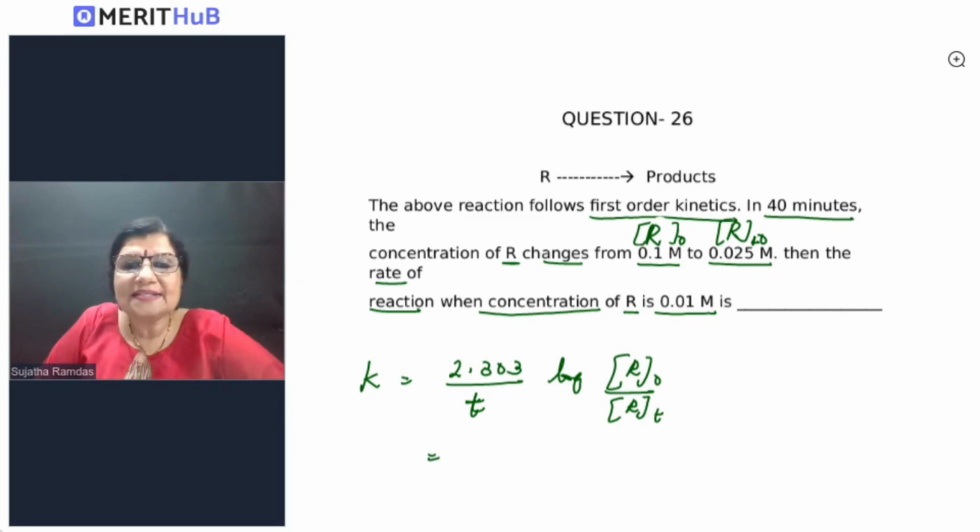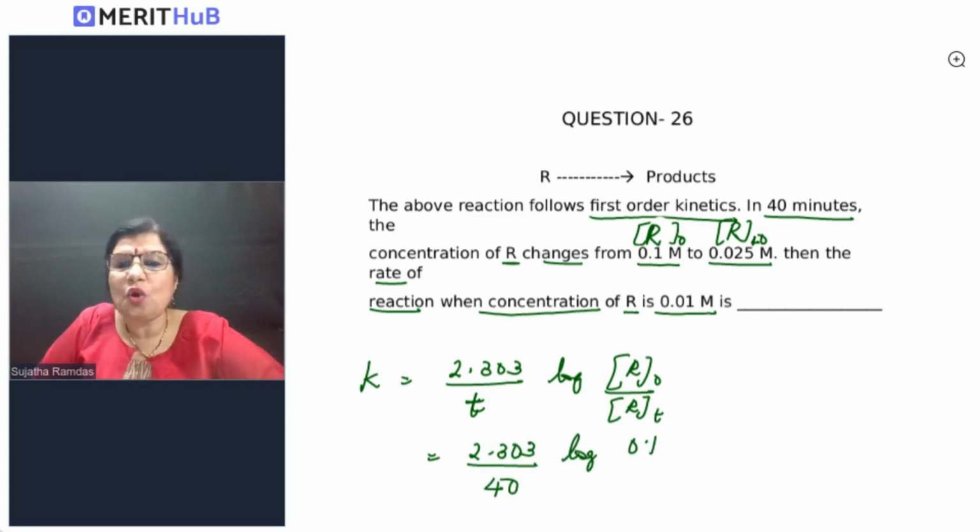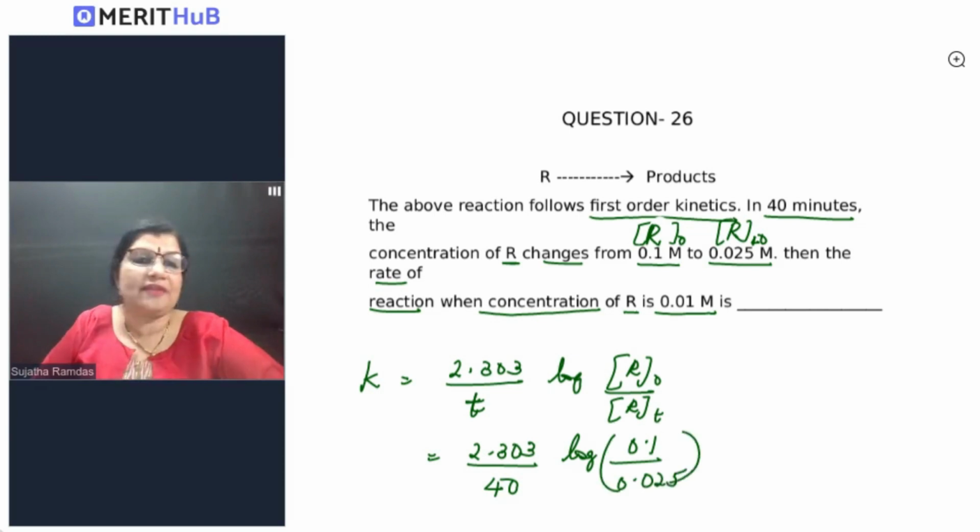So k is equal to, let's substitute all the information conveyed in the question, 2.303 by 40 minutes log of 0.1 by 0.025. You know that 0.1 by 0.025 is 4, right? 100 by 25.